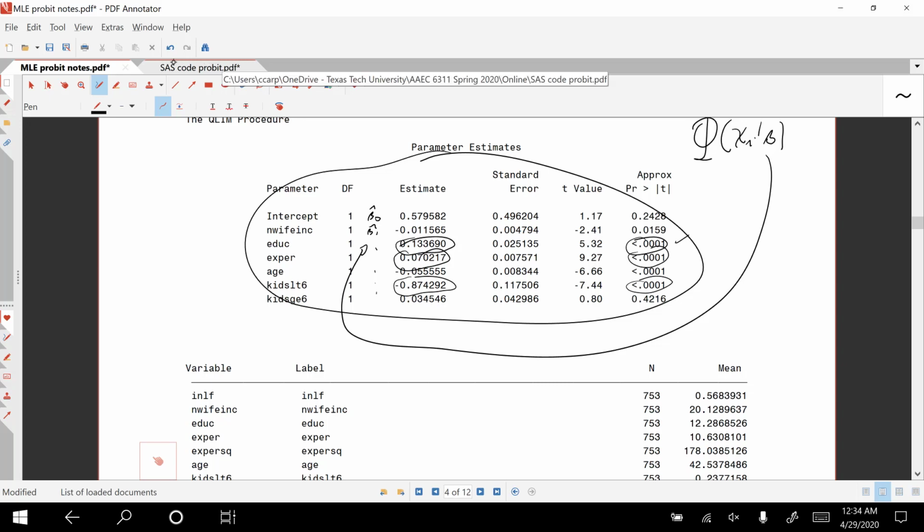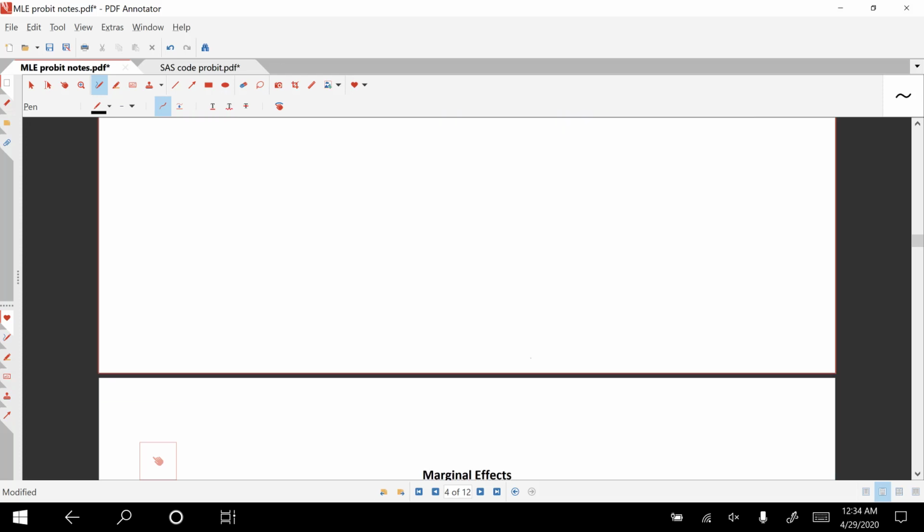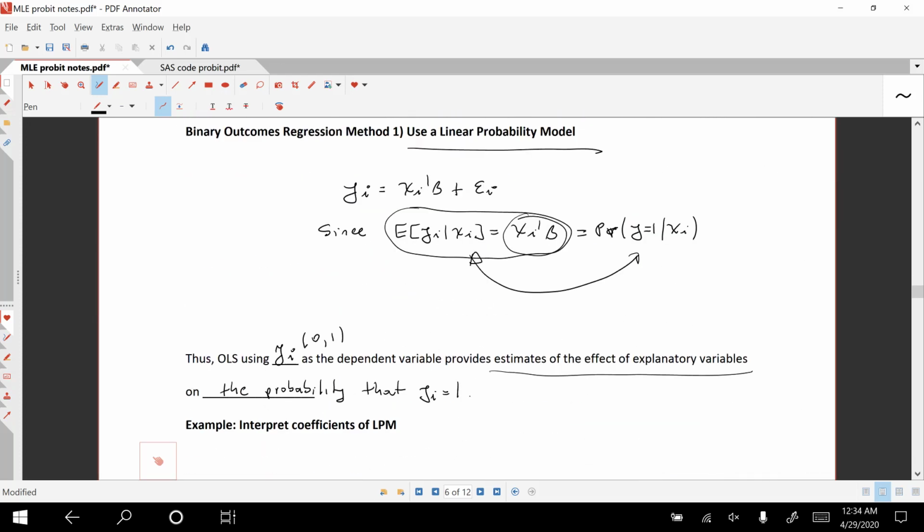So again, what we're interested in most of the time is in calculating marginal effects. So let's look at the theory for that.